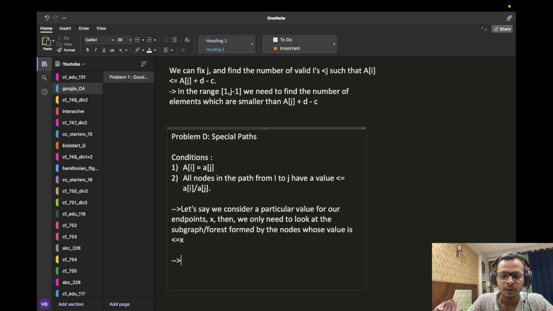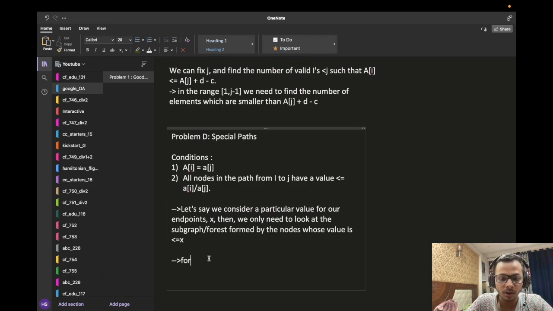So let's say for a particular tree in this forest, the frequency of this number x is c. Then we should just add c times (c minus 1) divided by 2 to our answer, that is, c choose 2. The reason for that is that any two nodes whose value is x in a particular tree are reachable from each other, and we are only considering nodes whose value is less than or equal to x, so obviously the second condition is satisfied.